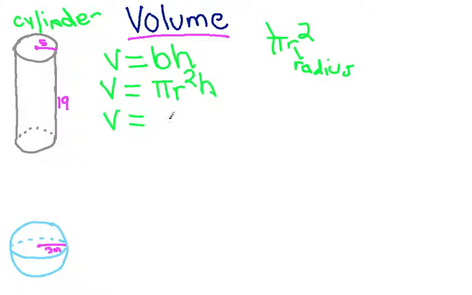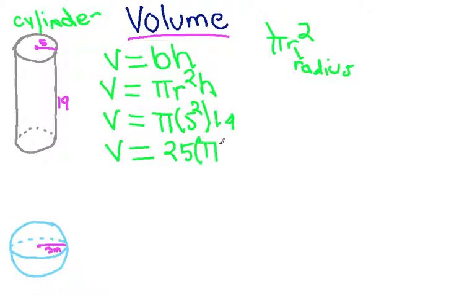So the volume is equal to pi times the radius of the base circle, which is 5, right here, times 5 squared, times the height, which is 19. So the volume is equal to 25 times pi times 19.